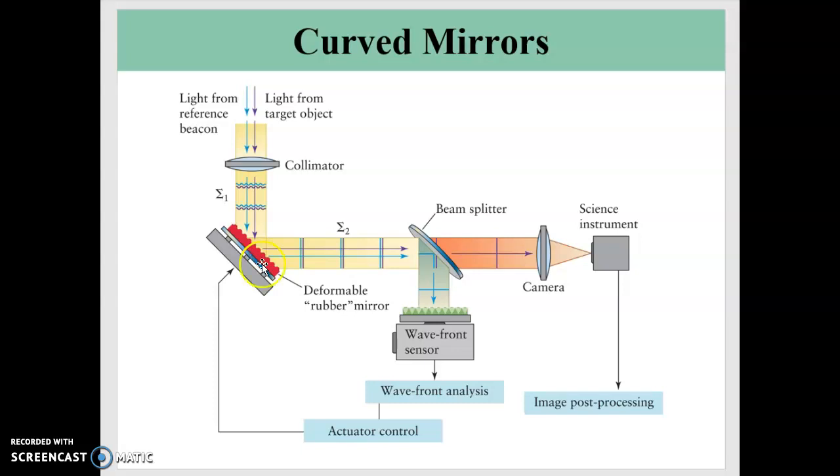And these mirrors, these deformable rubber mirrors, are constantly moving up and down to adjust their positions to allow for the correct waveforms as the atmosphere blurs the light. This acts to try and undo that blurring, and you get a much sharper image at the scientific instrument as a result of these deformable rubber mirrors, which can oscillate.